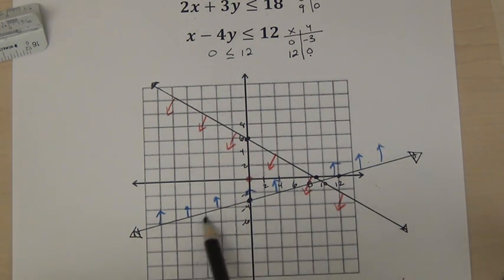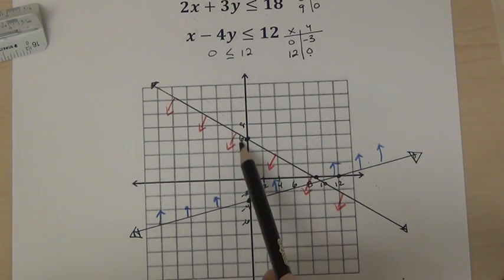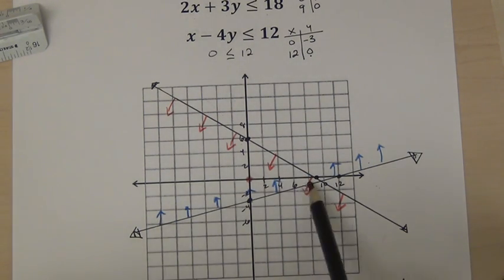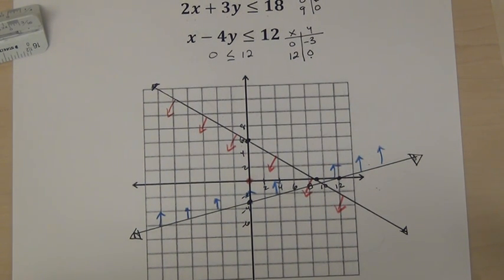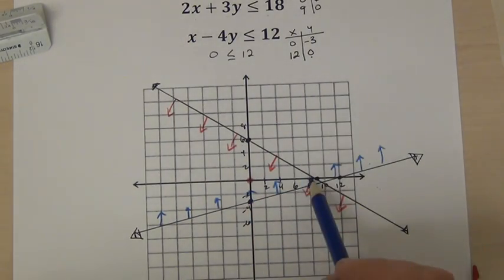Similarly, down here, I would shade for this linear inequality, but not this one. The one area that I have arrows pointing to for both inequalities is this little wedge right here. My shading would overlap, so that section of the graph contains coordinates that would be solutions to both inequalities.